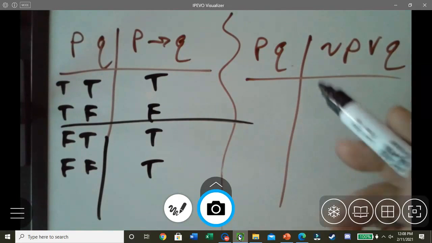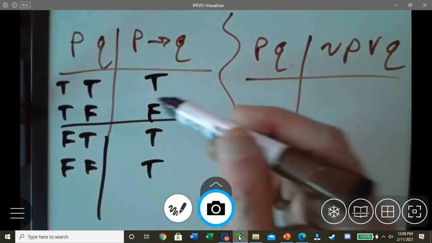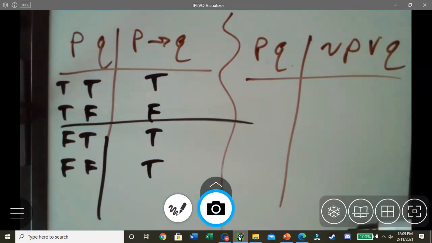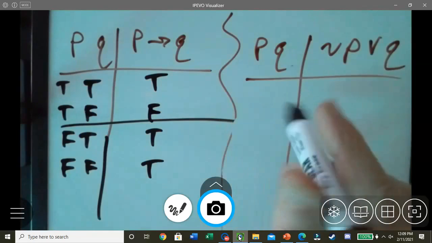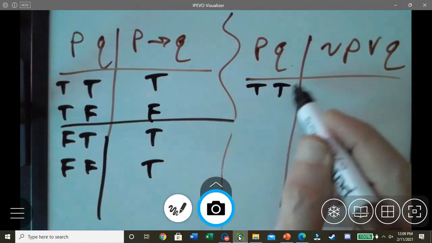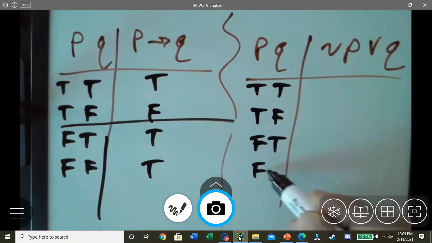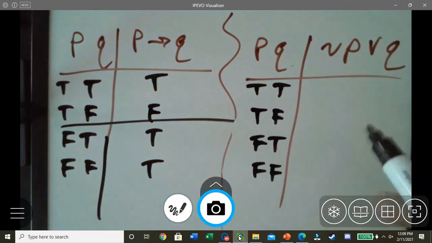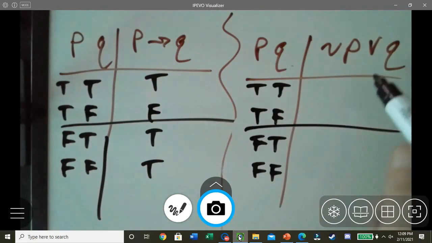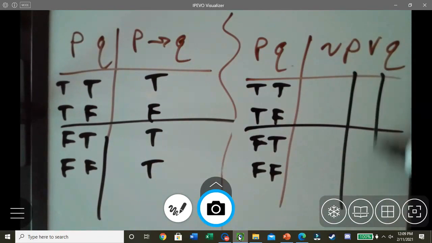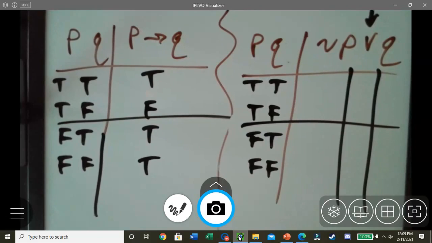Let's look at if this one's equivalent to this one, we should get true, false, true, true here. Let's see if we do. True, true, true, false, false, true, false, false. Same thing, right? So that means this column is our answer. Go ahead and do this truth table. You should be able to do this one real quick. Go ahead and try that.